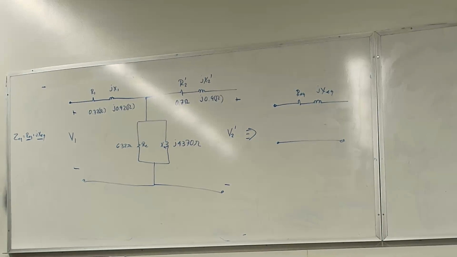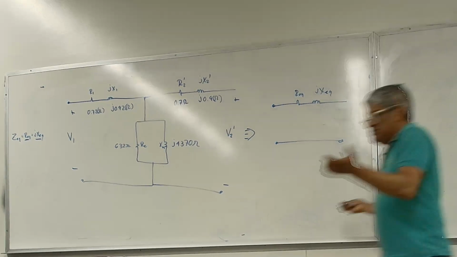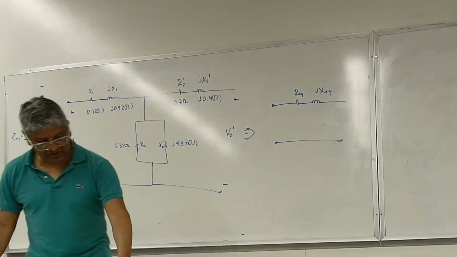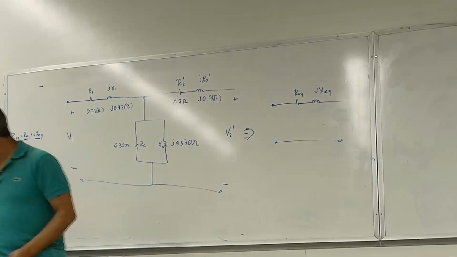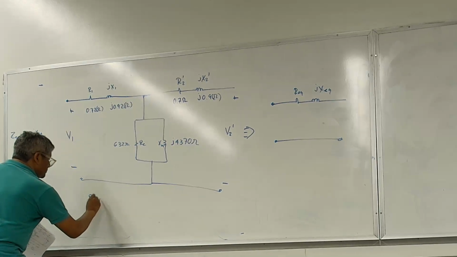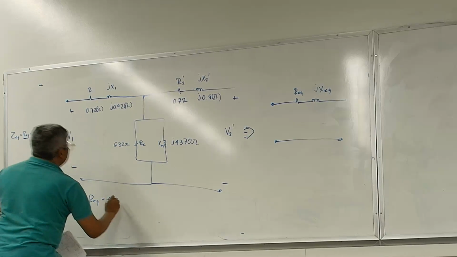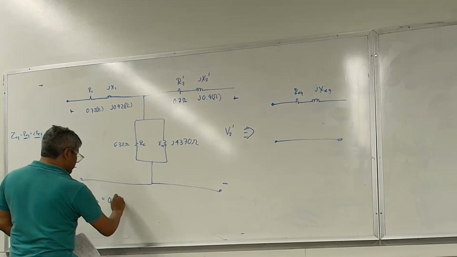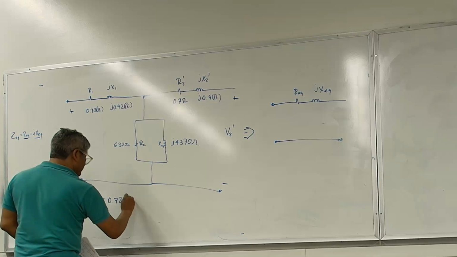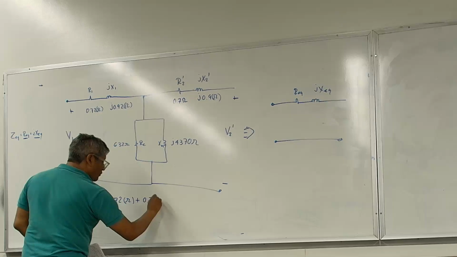What can you do? Well, you can just divide it by 2. So simple. All you need to do here is REQ is equal to 0.72 ohms plus 0.7 ohms.